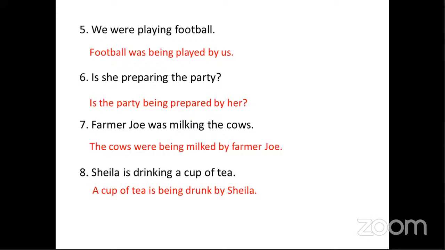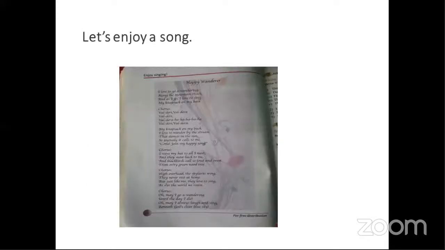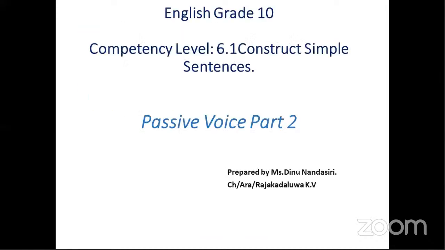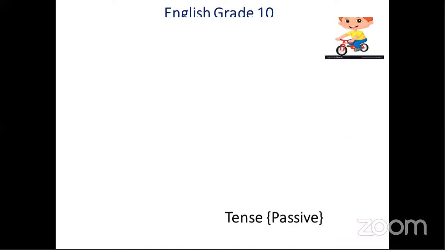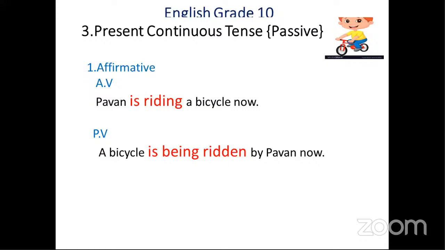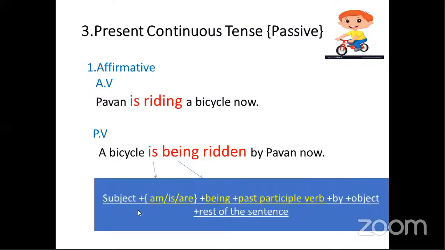That is the structure for the present continuous tense. And how are we going to turn a particular sentence into the past? You have to get the subject, was, were. You can see the structure again here. Am, is, are, being, past participle verb.